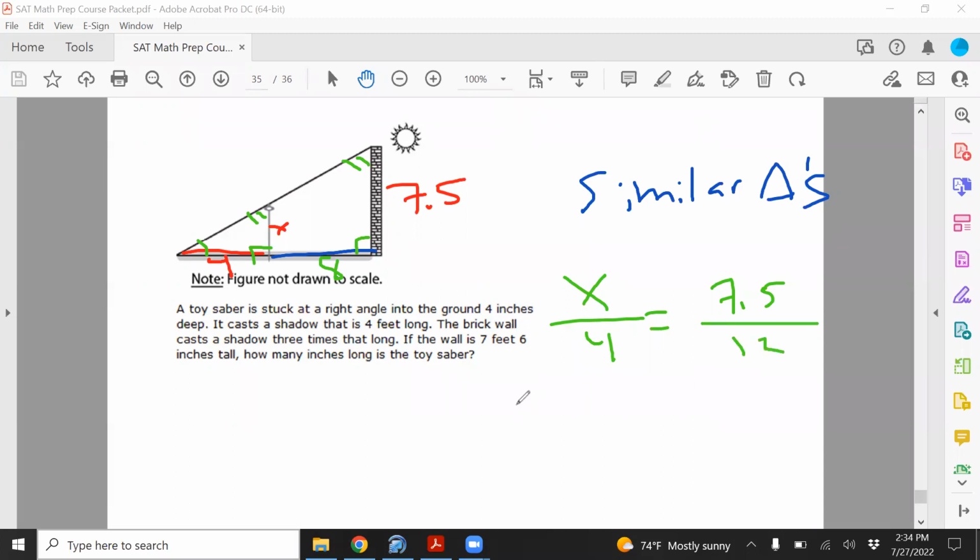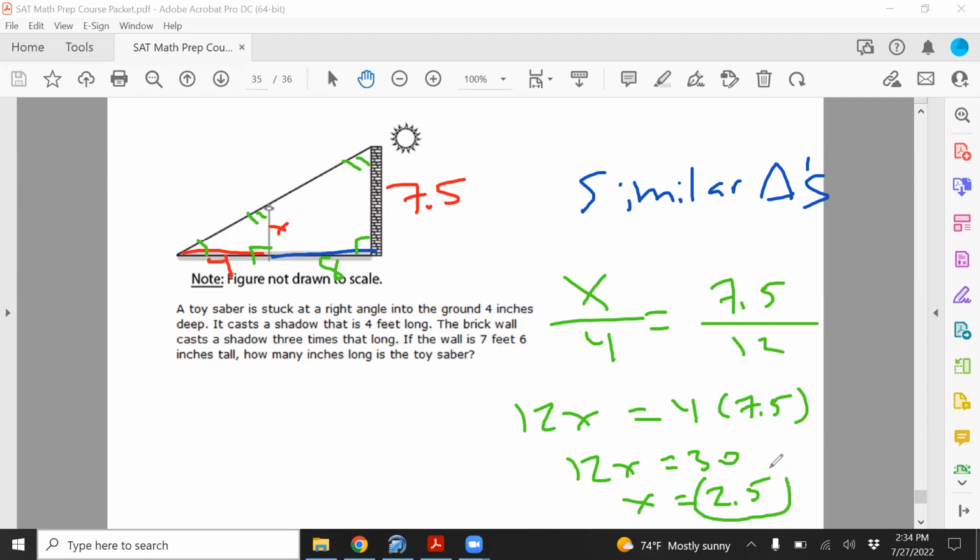12x equals 4 times 7.5, which equals 30. X is 2.5. So it's 2.5 feet. However, they want inches, so we're not done yet. I shouldn't have circled that.